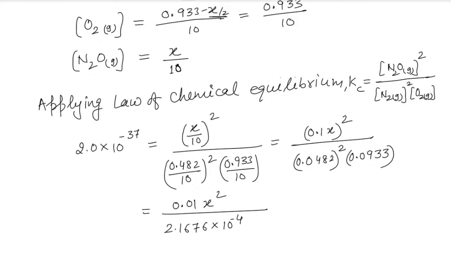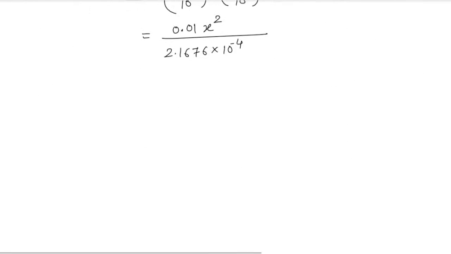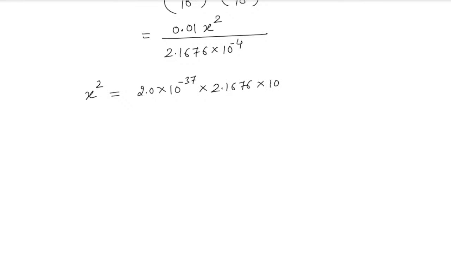It comes out to be 2.1676 into 10 raised to power minus 4. Okay. So, in this way, x square equal to 2.0 into 10 raised to power minus 37 into 2.1676 into 10 raised to power minus 4 and divided by 0.01.